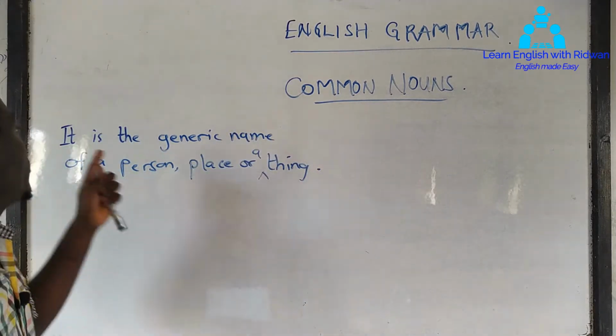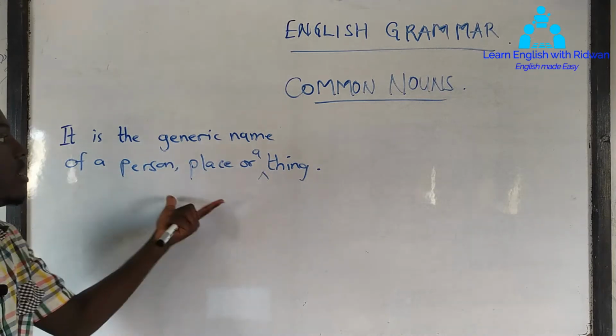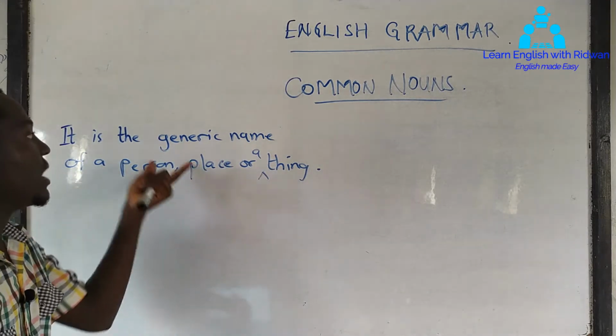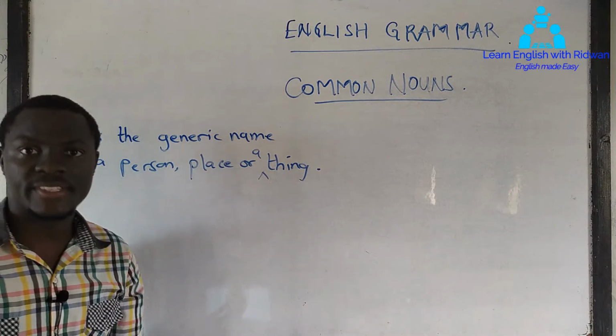So a common noun is defined as the generic name of a person, place, or a thing. We said generic name. When we say something is generic, it means it's non-specific.